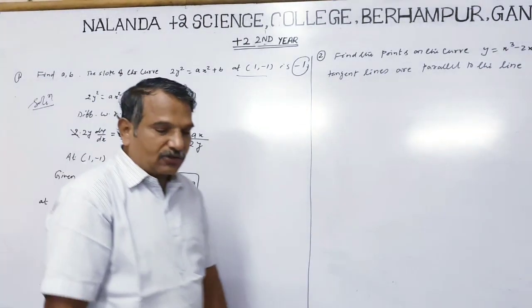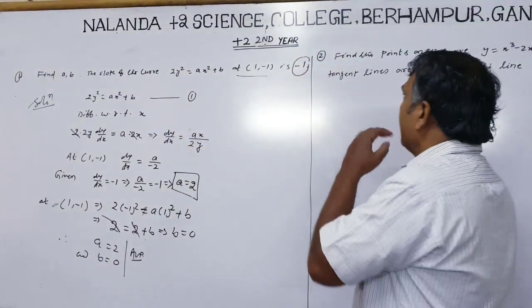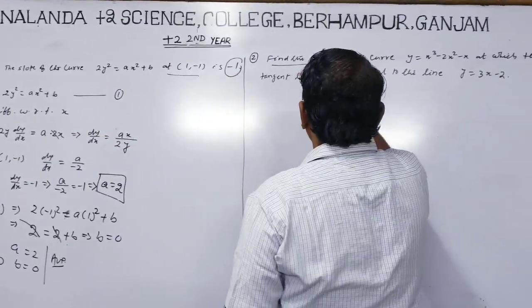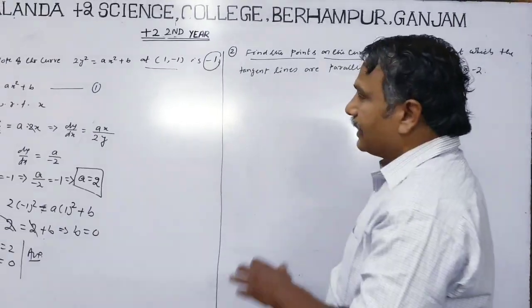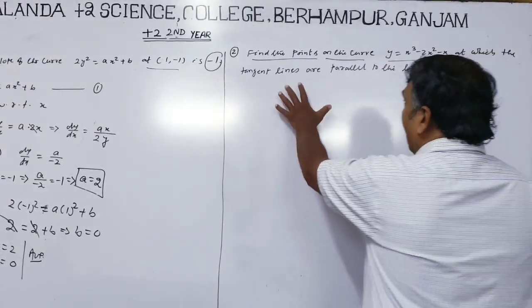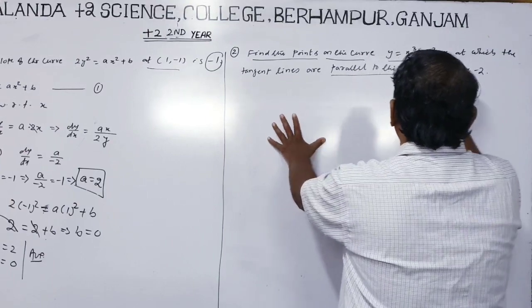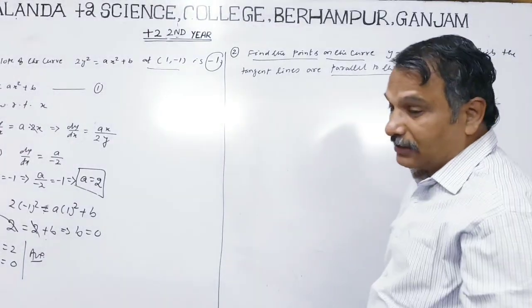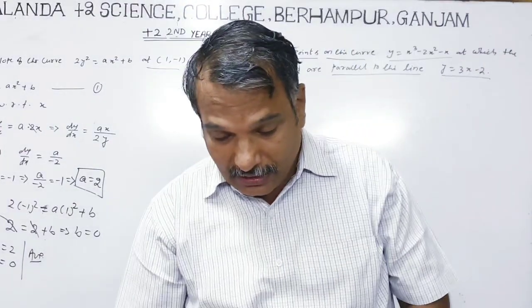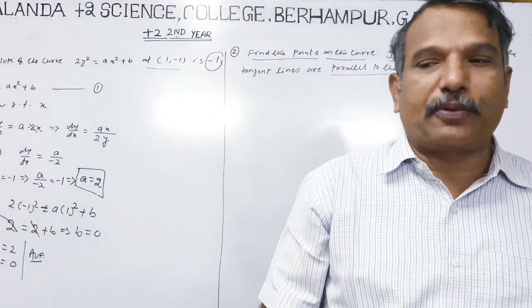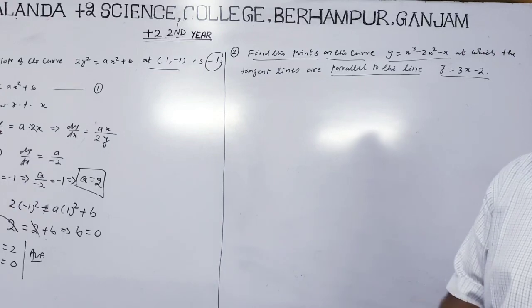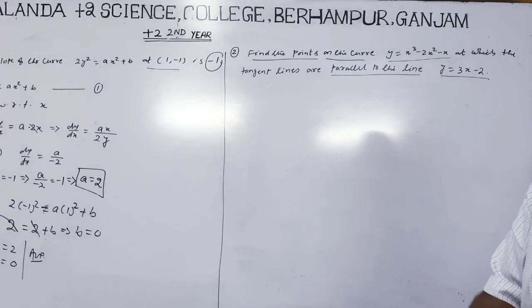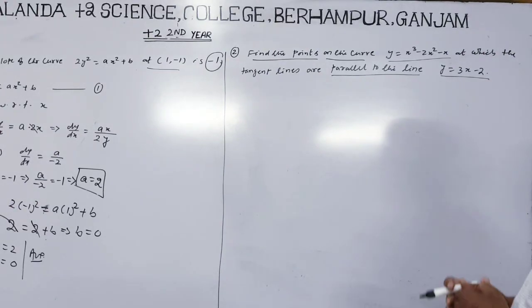Now second question: find the point on the curve at which the tangent line is parallel to the given line. In the last class I will discuss parallel and perpendicular lines. Parallel means slope M1 and M2 are equal. If their slopes are equal, then we say that two lines are parallel to each other.